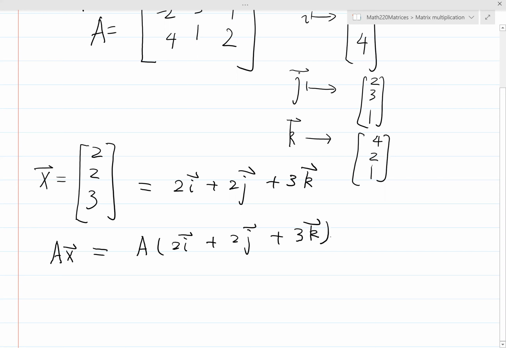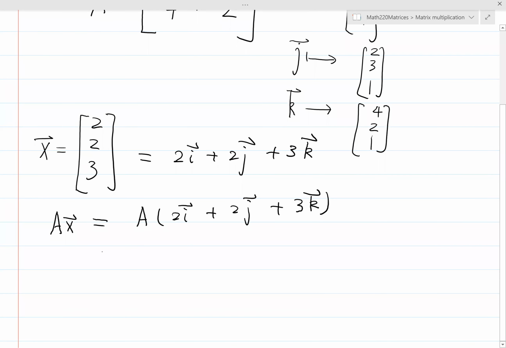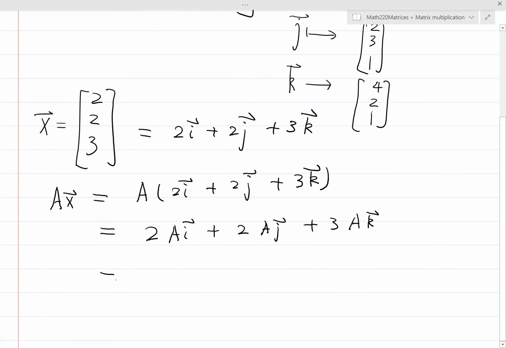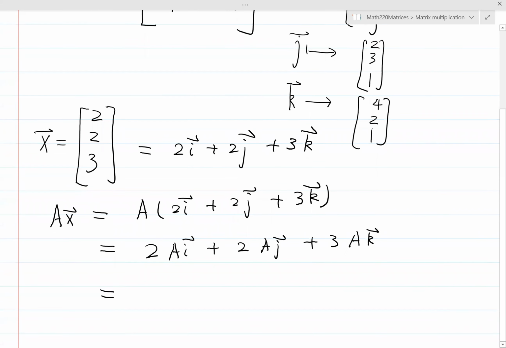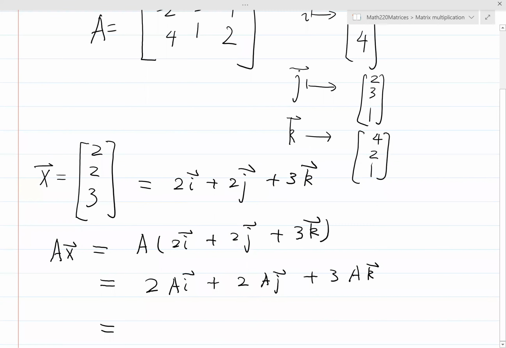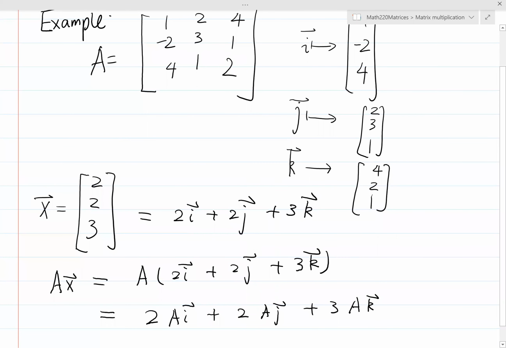Now A does nothing to the coefficients. So we get twice A on i, twice A on j, and 3 times A on k. Now we know the output: i goes to the first column of A, which is 1, negative 2, 4.